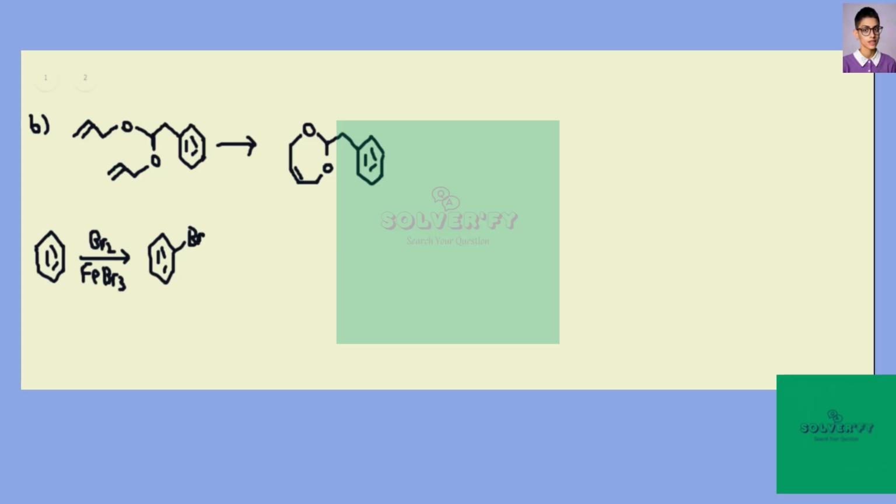Okay, now we can treat that with some magnesium metal, and now we've made a Grignard reagent. So we've made phenyl Grignard.